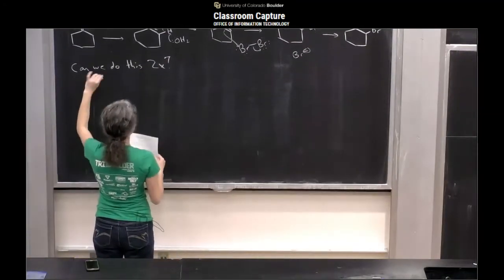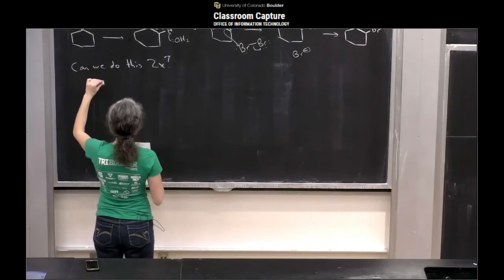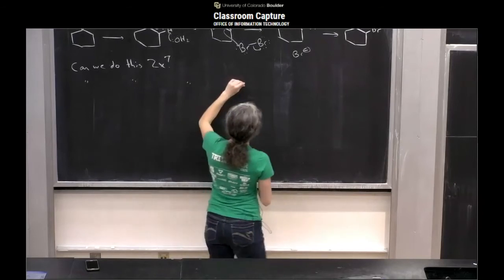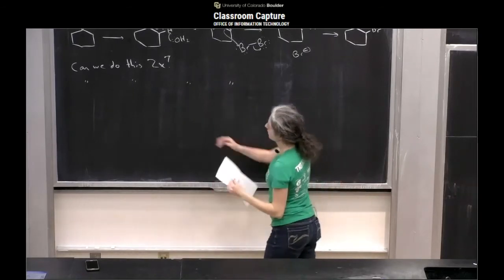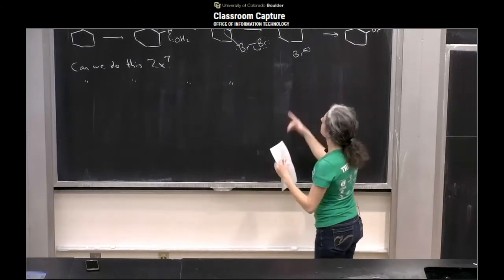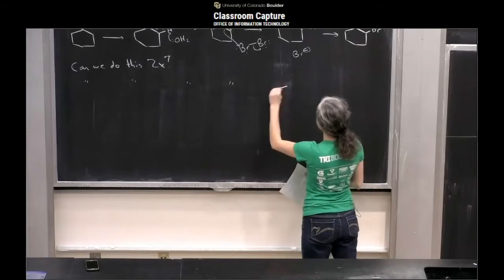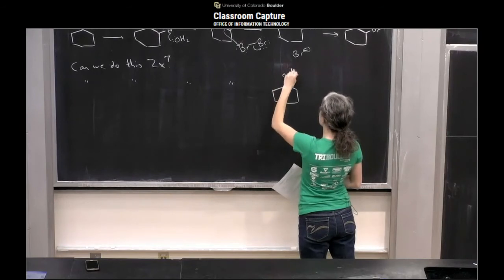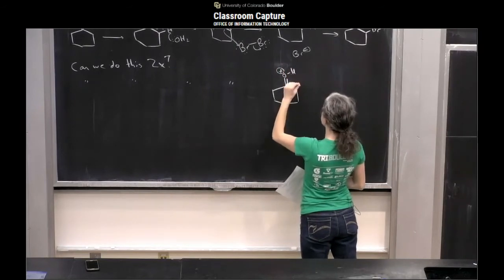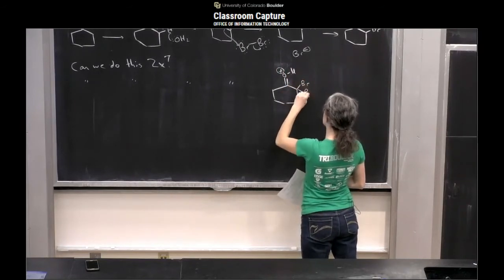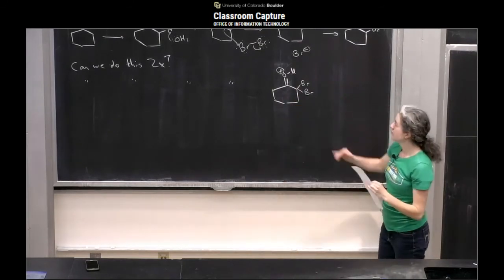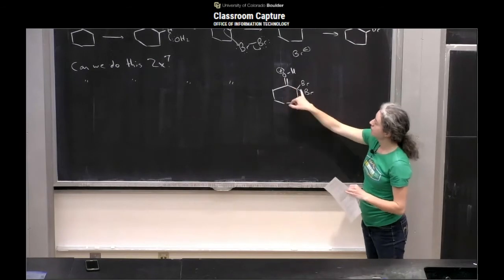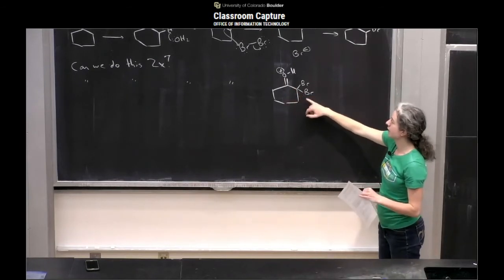So again, same kind of mechanism, but the key is that it goes through all the same steps, only the bromine has already replaced one of the hydrogens by that point. But now we've added sort of a second equivalent of bromine on here.